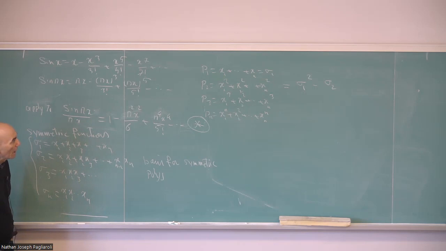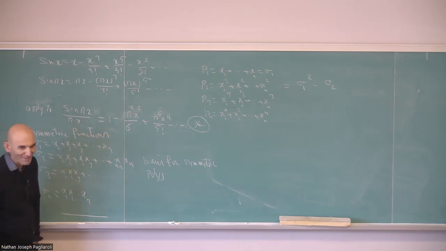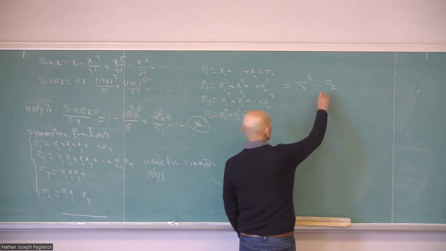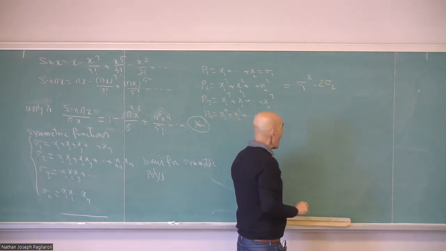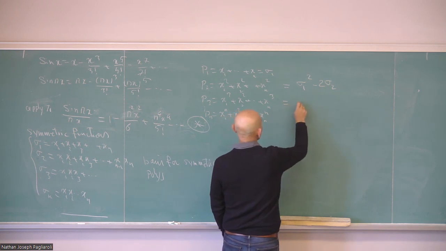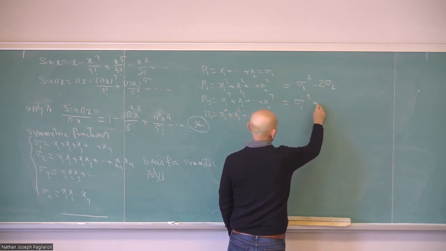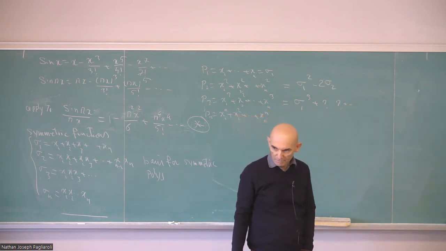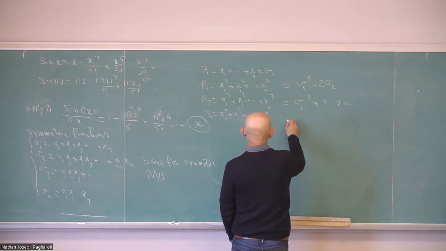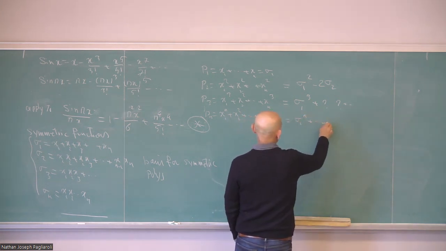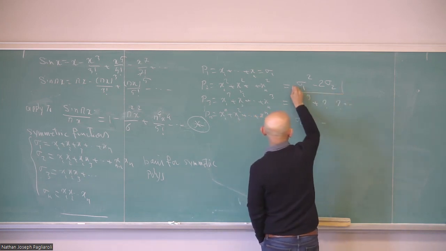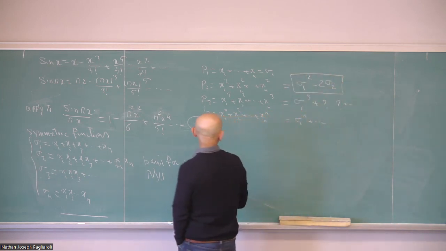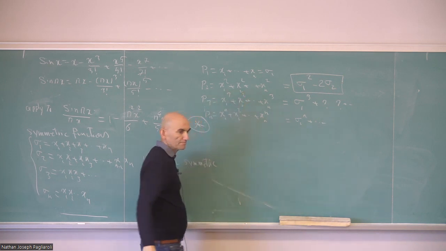At least for two variables, you have x1 plus x2 squared, you get x1 squared plus x2 squared plus 2x1x2, so you have to subtract 2 sigma 2. There is a formula for P3 which starts with sigma 1 cubed, which I won't write; you can work it out. And there is again a formula for Pn with sigma 1 to the n. I don't care; you just focus on this one. So P2 is equal to that.